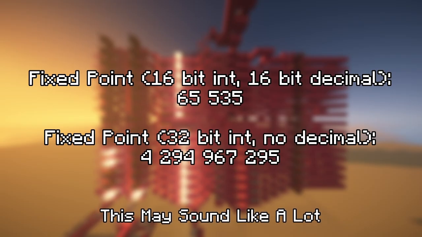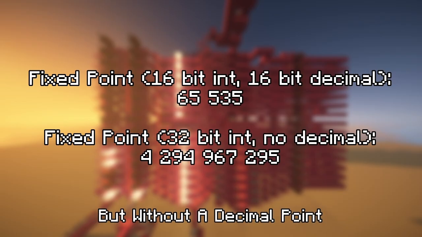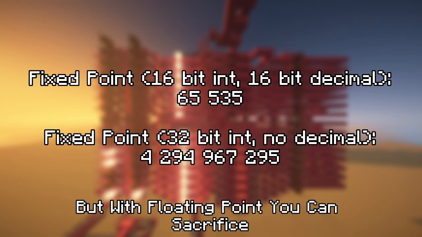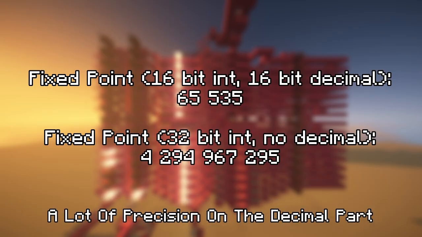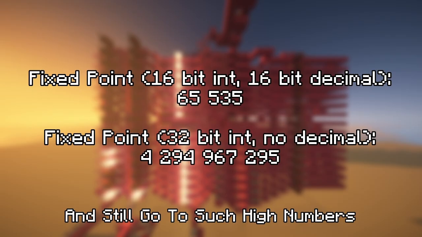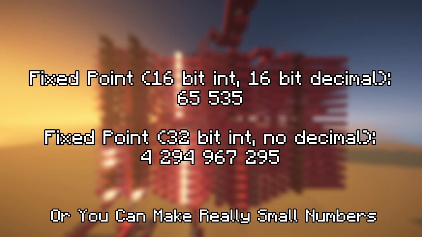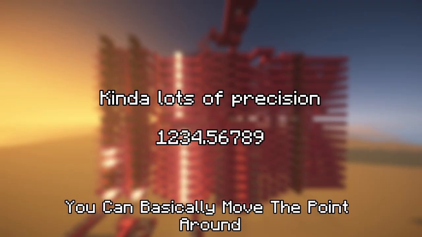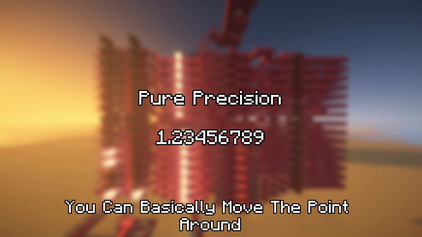This may sound like a lot, but without the decimal points, you can go to 4,294,967,295. But with floating point, you can sacrifice a lot of precision on the decimal part and still go to such high numbers. Or you can make really small numbers and then you can have a lot of precision on the decimal part. You can basically move the point around.